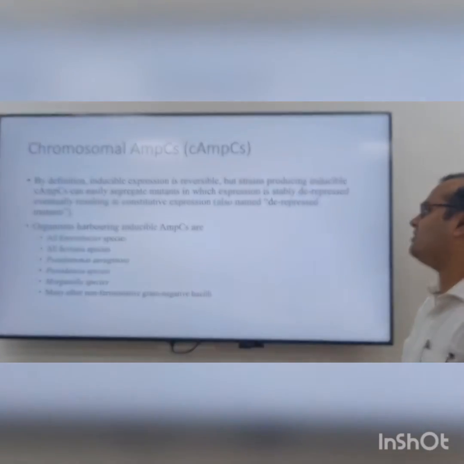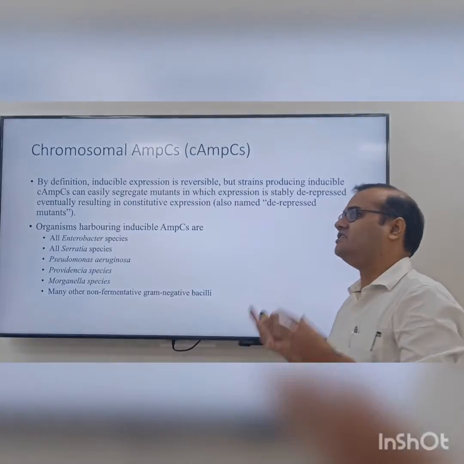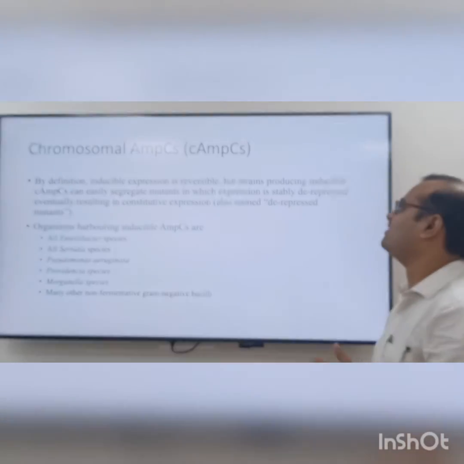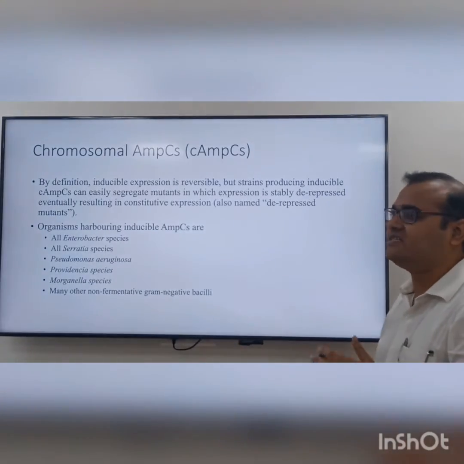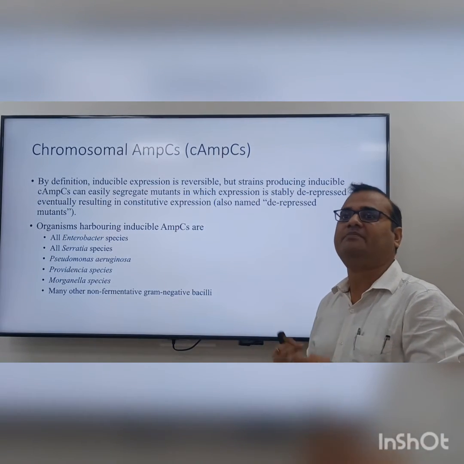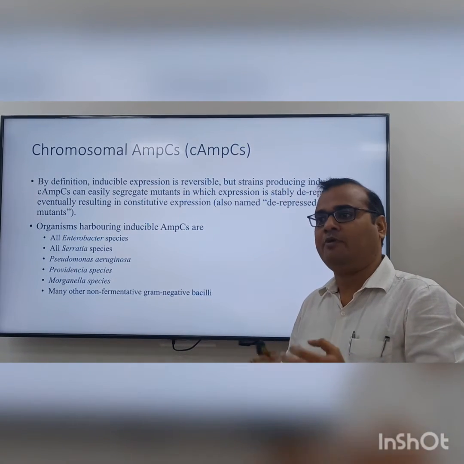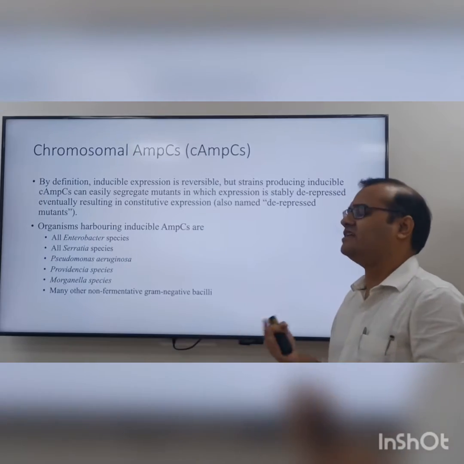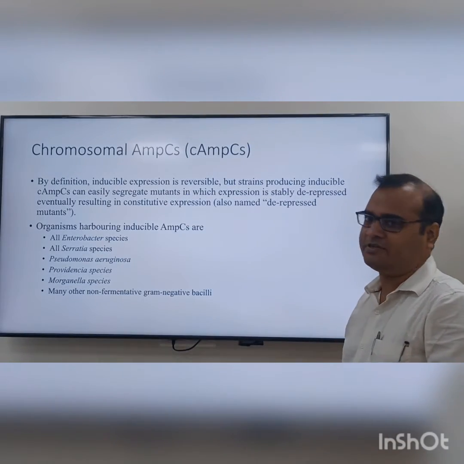By definition, this inducible expression is reversible, as I have already told, but strains producing inducible AmpCs can easily segregate mutants and they become the major population by selection, resulting in constitutive expression.